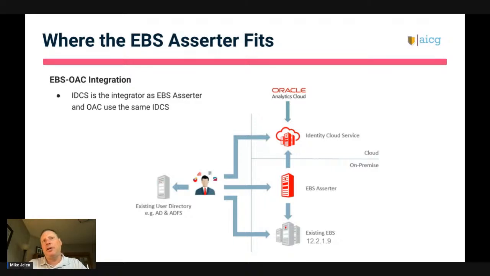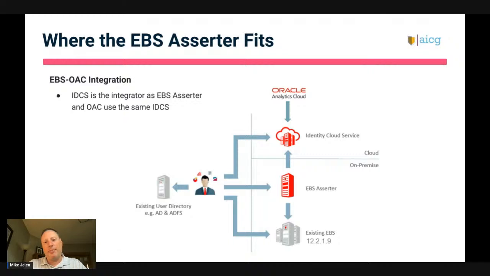Now, let's take the scenario that what if your EBS today, where you don't have the EBS asserter, your existing EBS, for whatever reason, we'll say from an external customer perspective, those users are local within EBS. Great, you can still leverage IDCS. What you would need to do in that situation is load the users into IDCS.